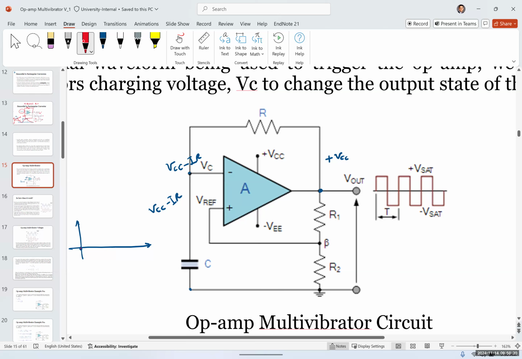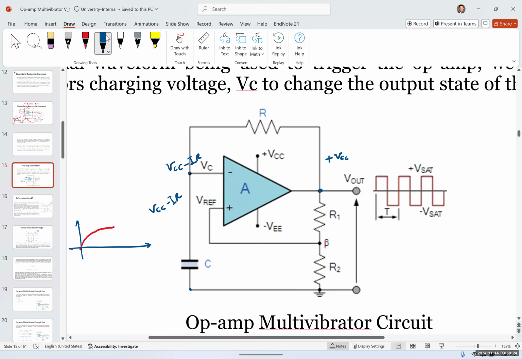It's going to slowly charge. Am I correct? Yes. And imagine that this is VCC minus IR. This is the VCC. And IR is actually negative. So it's slowly increasing until it reaches VCC.